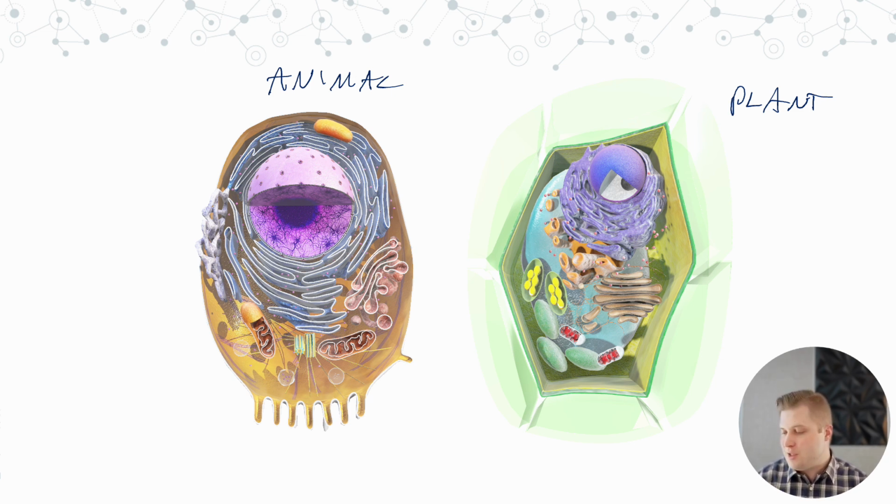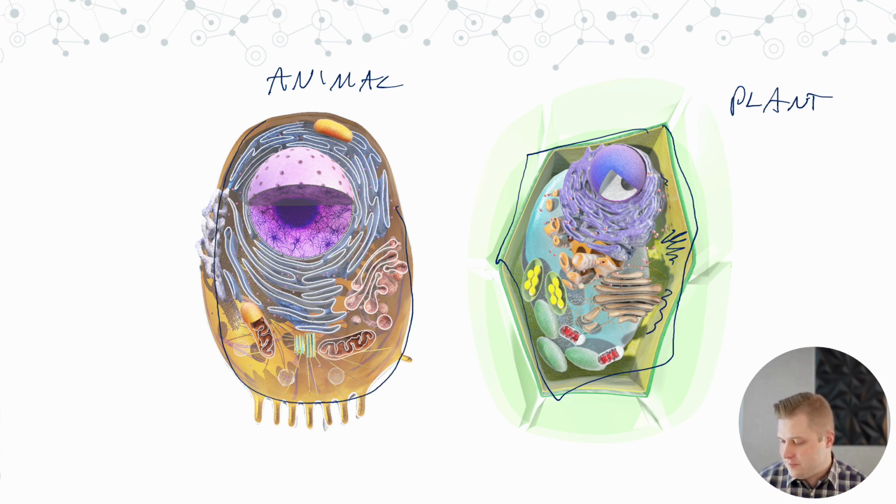For instance, you've got this cell wall on the outside of the plant. Both of these have a cell membrane, which is what you see on this inner side, inner structure. And then some other differences beyond there, which we'll show in just a moment. So animal cells and plant cells, let's have a look at what things may be similar or different there.